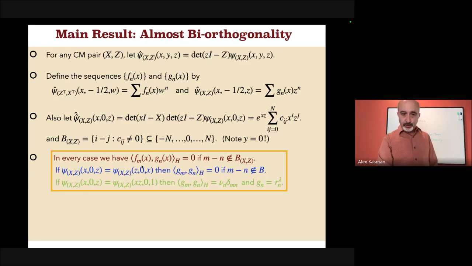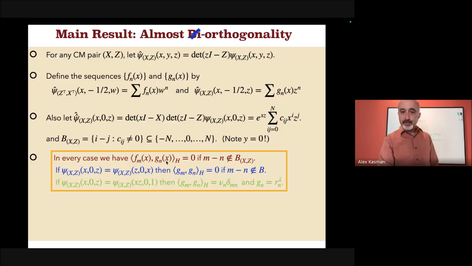So the most general statement is that Fm and Gn are always orthogonal whenever m minus n is not in this set B, which is just a finite set. So for most choices of m and n, you'll get orthogonal functions. I call that almost bi-orthogonality.